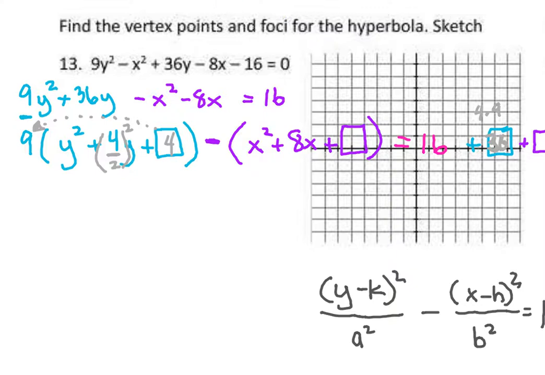Likewise, we divide this one by 2, and we square it. 8 divided by 2 is 4. 4 squared is 16. But I have to multiply it by my negative out here before I move it to this side. This is actually going to become a negative 16 when I add it to the right side.